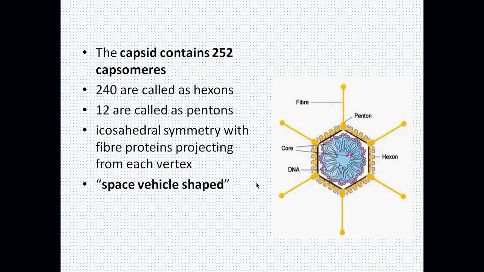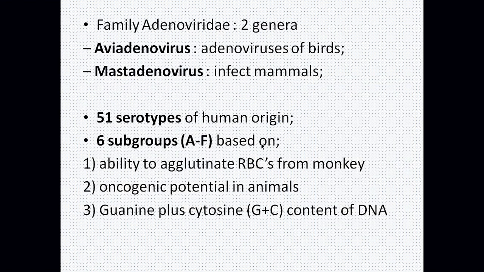Here you can see the capsomers, then the hexons and the pentons. The hexons are 240 in number, and the pentons are 12 in number. They generally form the base of each fiber. This is the typical morphology of adenovirus.